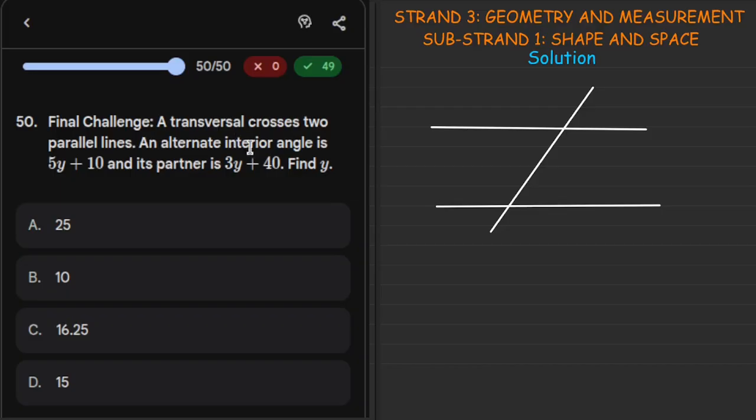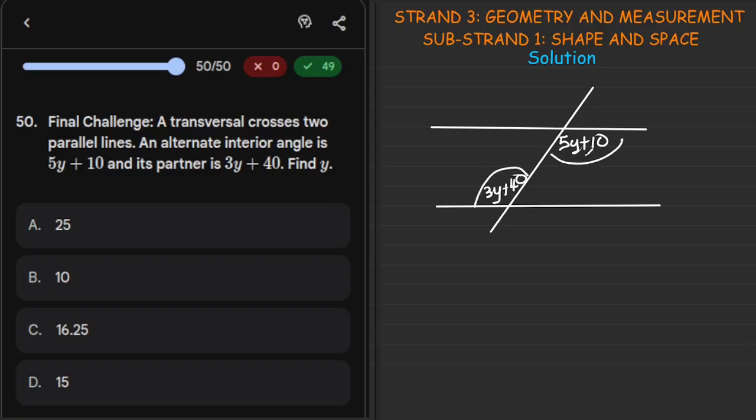An alternate interior angle is 5y plus 10, and its partner is 3y plus 40. What they are talking about here is the Z. So we know it is the Z that forms the alternate angles. Hence, one of these is 5y plus 10, and the other is 3y plus 40.